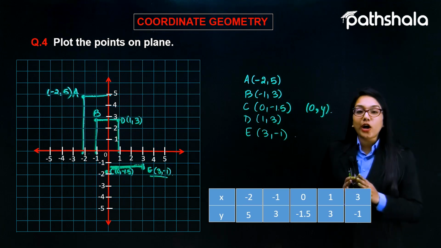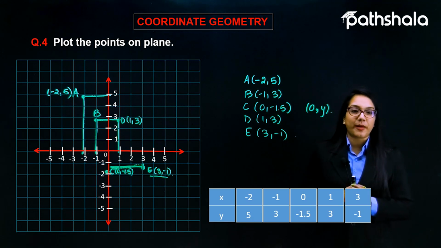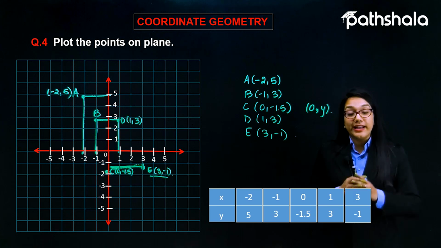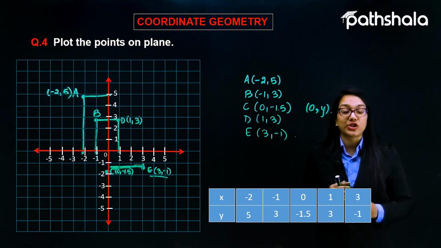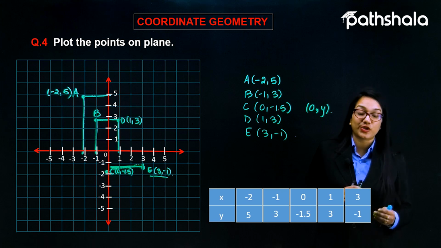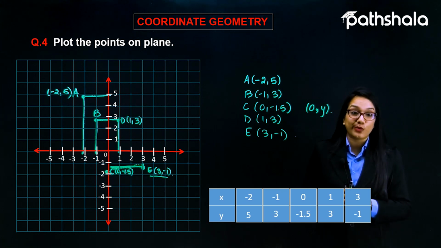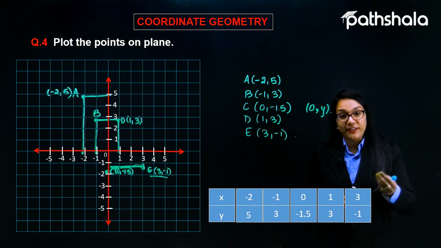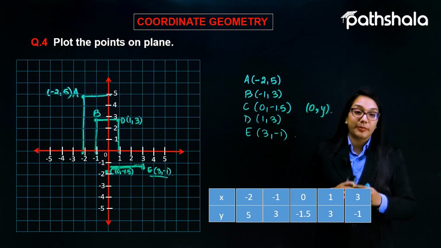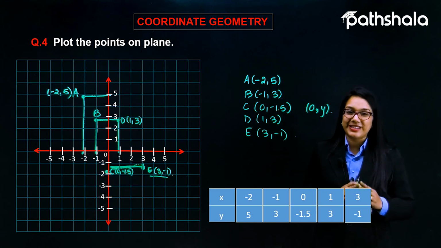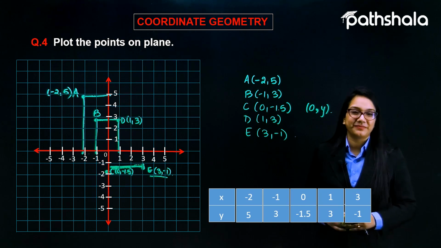I hope all the concepts related to this chapter are clear to you. Now let's practice more and more questions by yourself, from the NCERT and the MCQs, so you will definitely have a good command of this chapter.